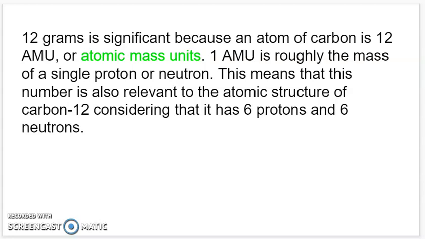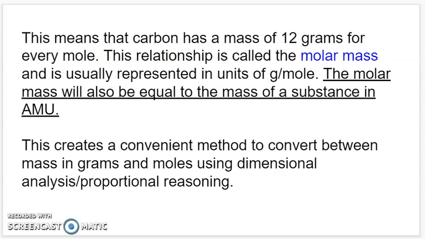This is also relevant to carbon-12 because it has 6 protons and 6 neutrons. So in this case, we're attaching a number in grams, something that we can easily measure, to an equivalent number of really, really, really small particles. And this gives us the relationship of 12 grams per 1 mole of carbon.